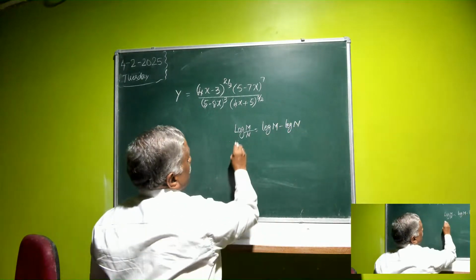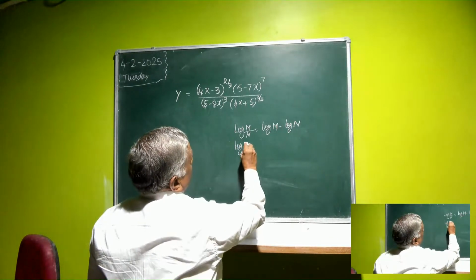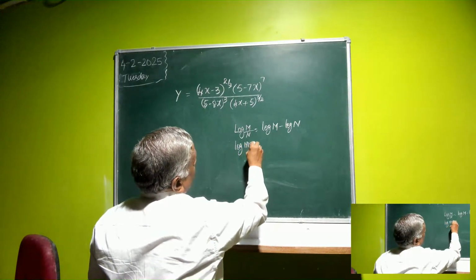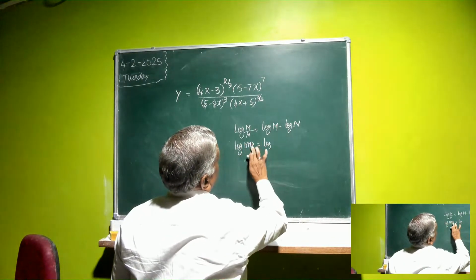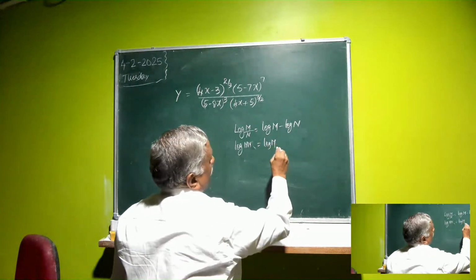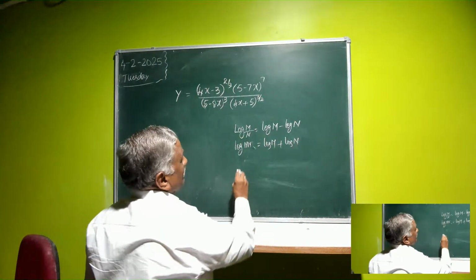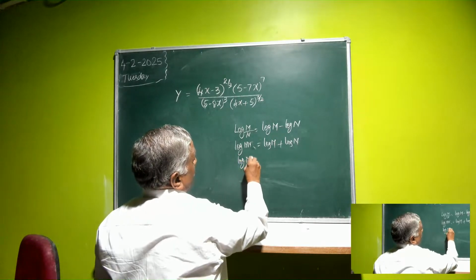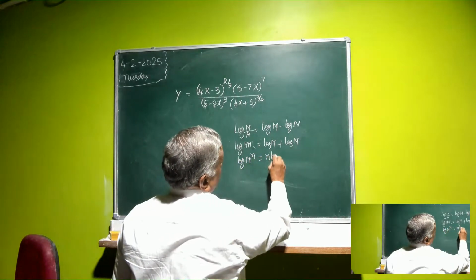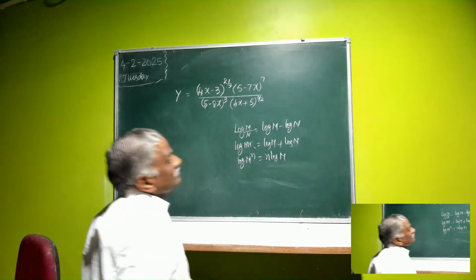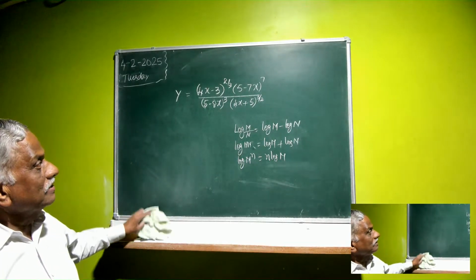The other formula we are using is log mnp, log mn is equal to log m plus log n. The third one we are using is log m power n is equal to n log m. So all the three formulas we are using.